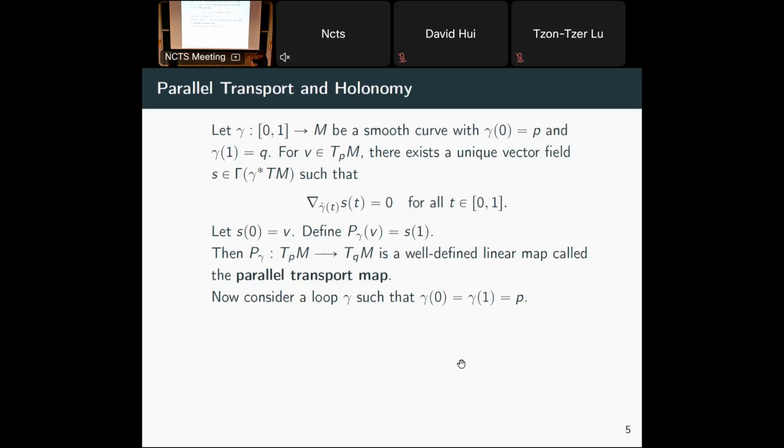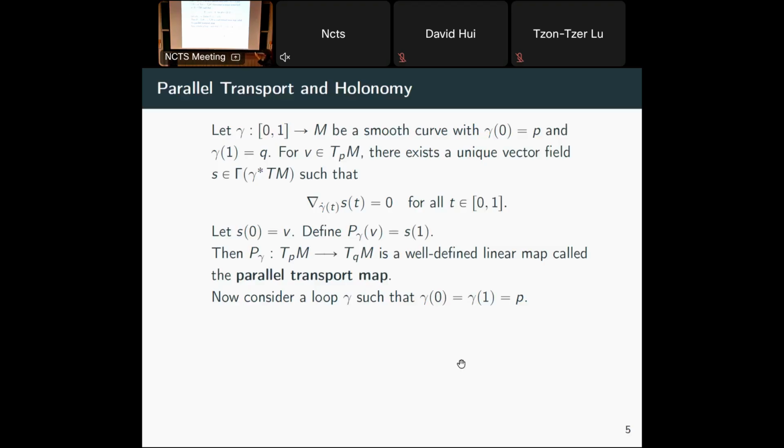And now what I'm going to do, I'm going to consider a loop. So my initial point and final point are the same. And then basically you can start from the initial point and come back to it. And then it's invertible. You can go back. Right.